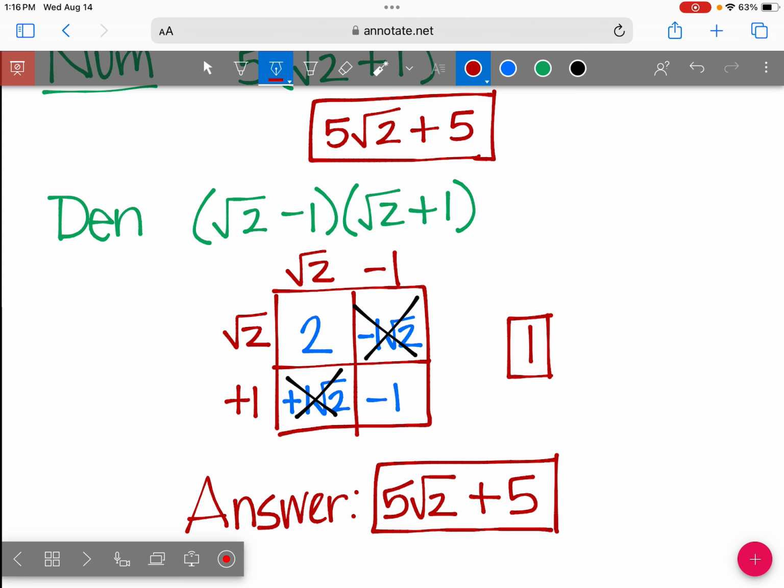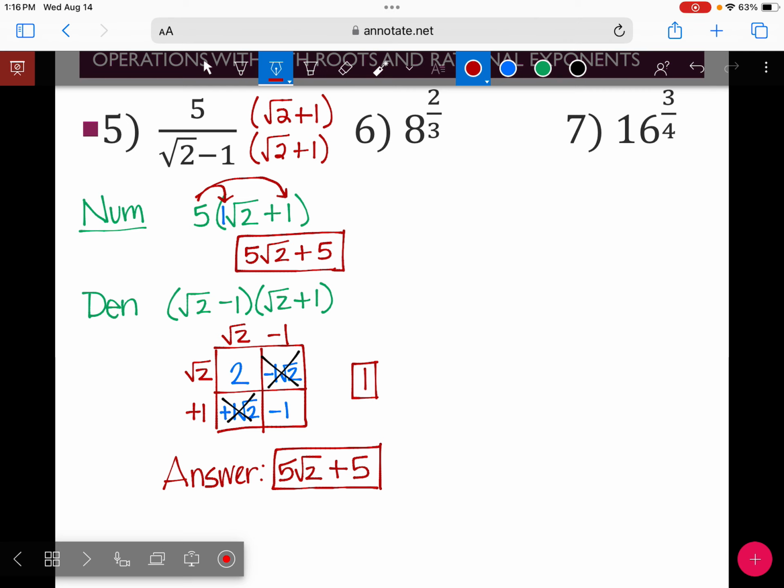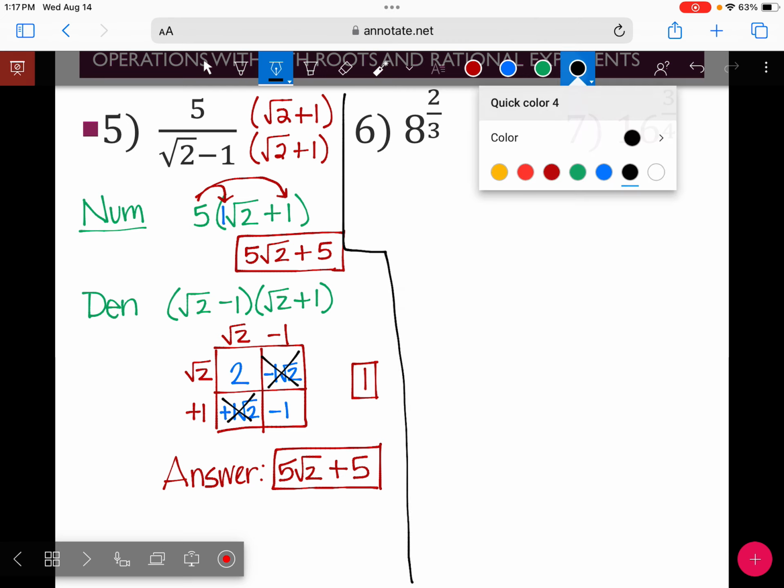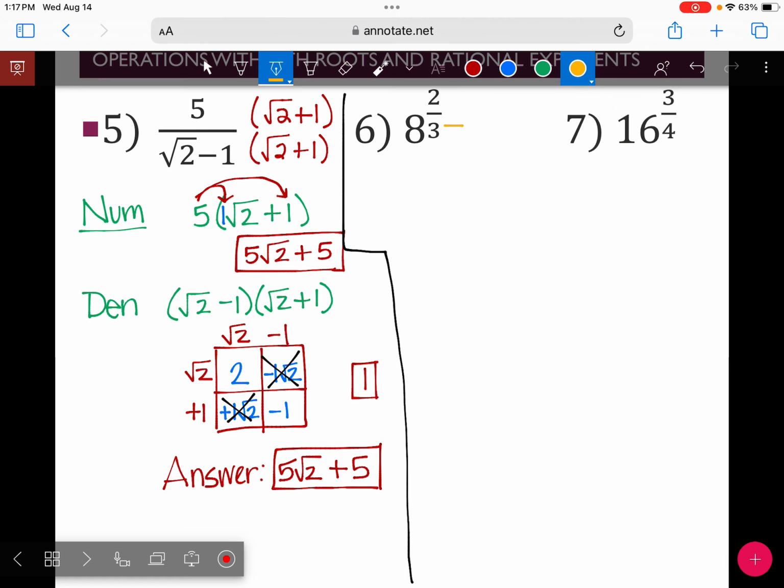All right, the next two, pretty simple. They go pretty quick. Go ahead and copy down number 16 if you haven't already. We have two different things happening here. We have a root and we have a power. The denominator, that's my root.